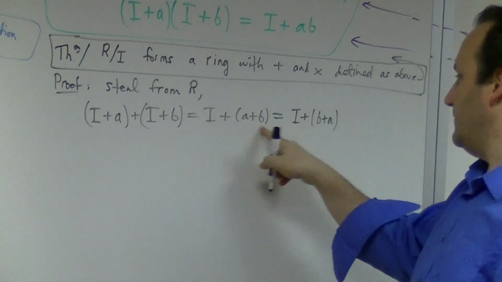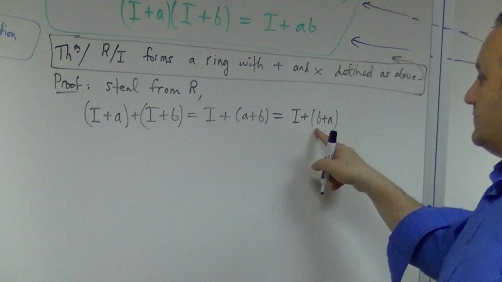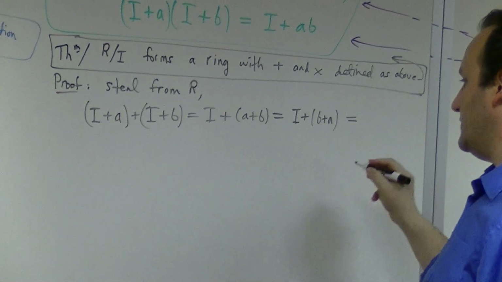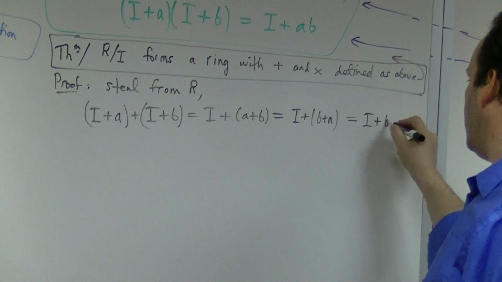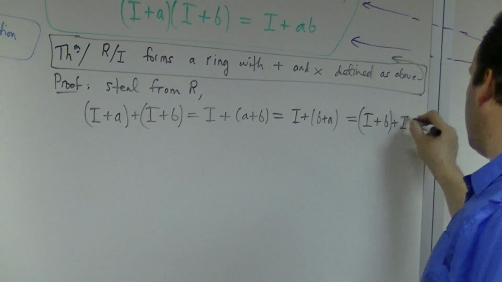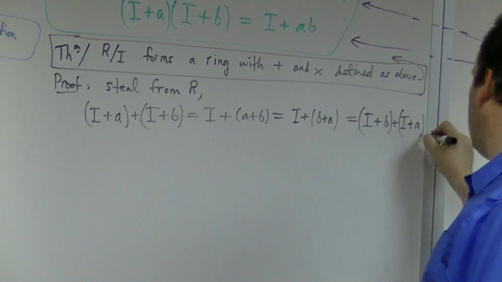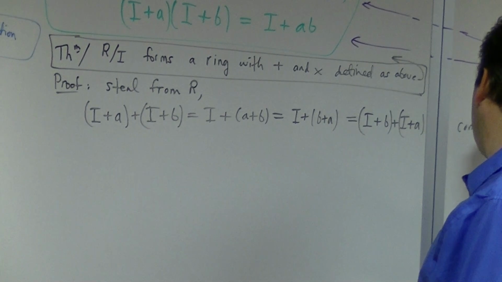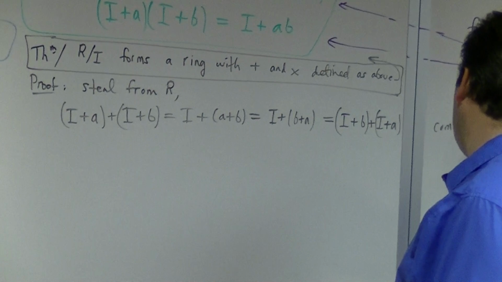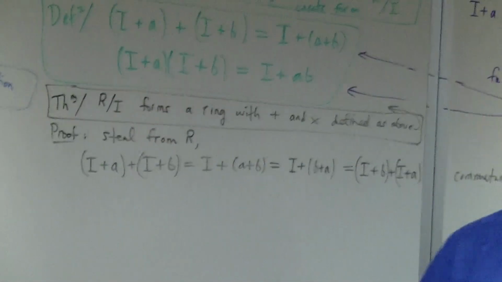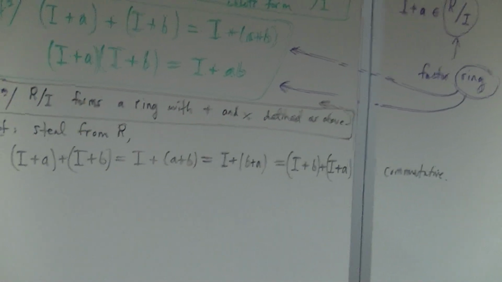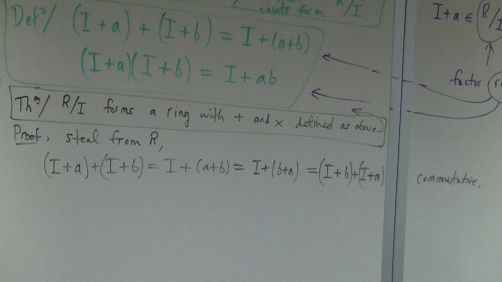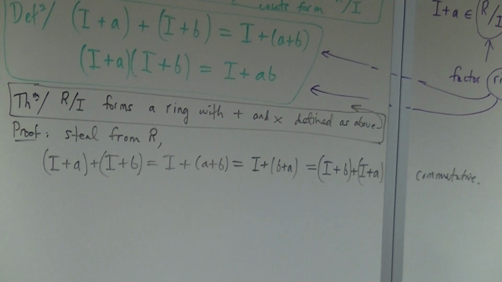Because these are equal, which is equal to I plus B plus I plus A. So the addition is commutative. So the addition in the factor ring is commutative because the addition in the ordinary ring is commutative.